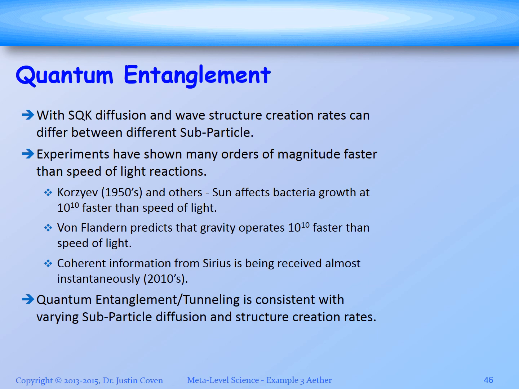Coherent information from Sirius is being received almost instantaneously in some very recent experiments. Quantum entanglement tunneling is consistent with varying subparticle diffusion and also structure creation rates within the subquantum kinetics model.